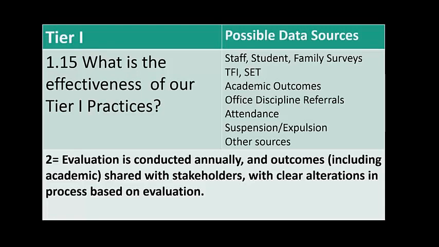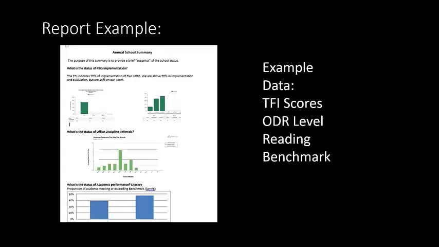So a summary, after we're bringing all this information together, we want to develop, and as we talked to Rob Horner about it, he said it could be a 1-page summary where we are providing a brief snapshot of where our school is this year. So in this example, and this is just one example, this particular school was using their TFI scores, their ODRs, and the reading benchmarks to give a brief sample of their Tier 1 implementation.